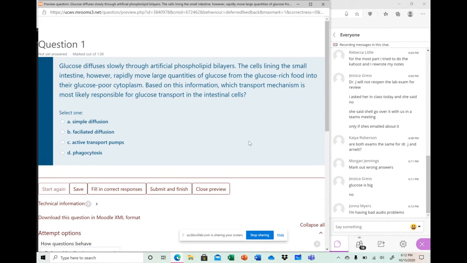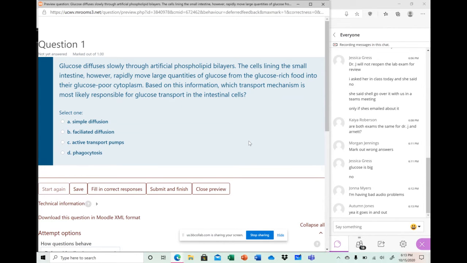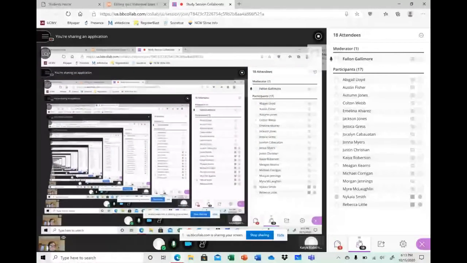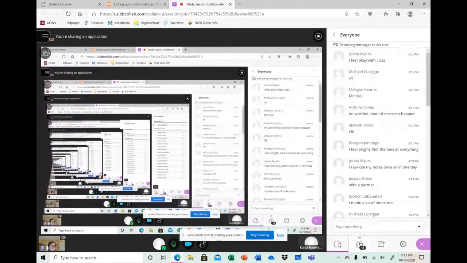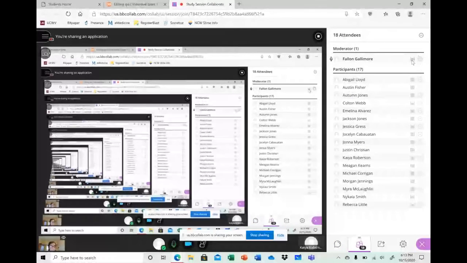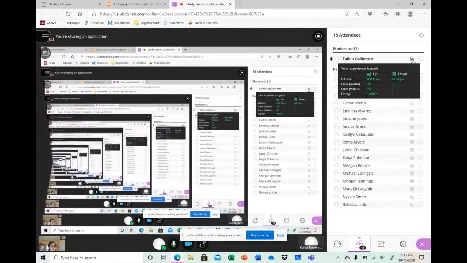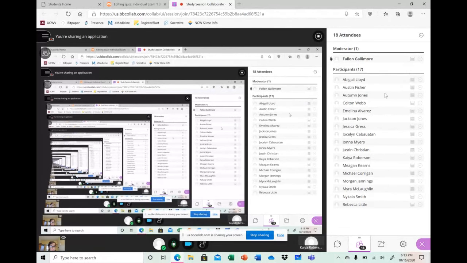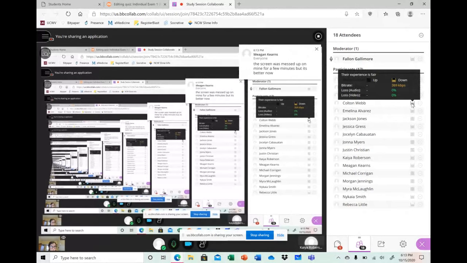Is anyone else having audio problems or problems seeing my screen? I want to make sure that it's not my connection. It goes in and out. Okay, let me take a look. It says that my internet is doing okay, and you can always come here to check your internet too.